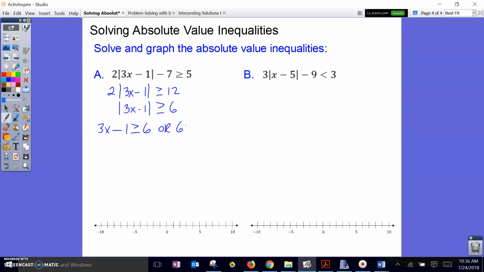That's an or. All right, and now I'm going to solve these. Add 1 to both sides. Add 1 to both sides.